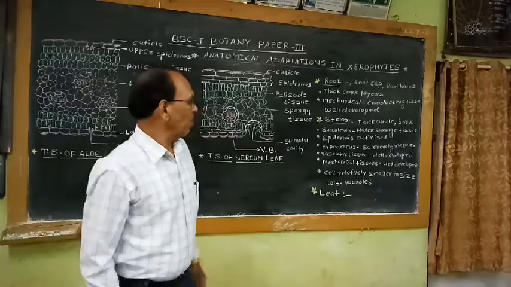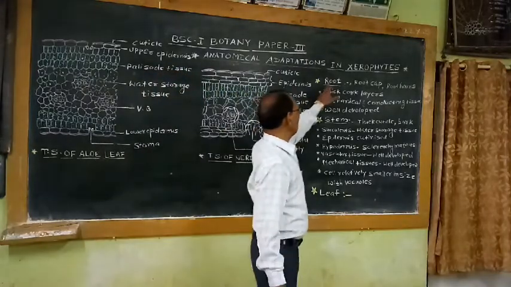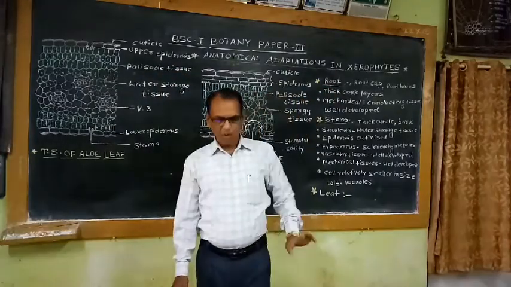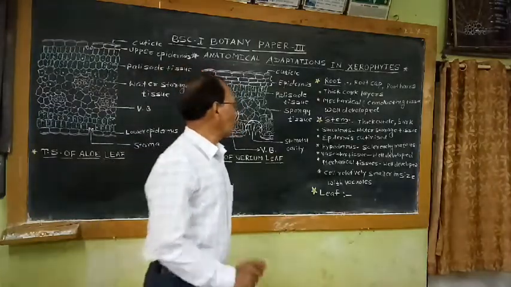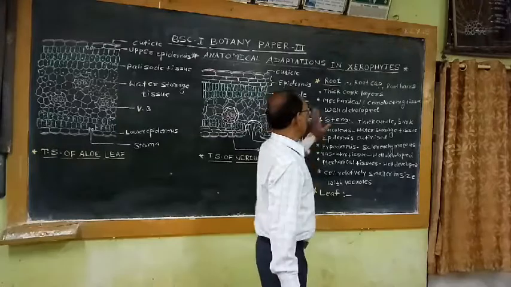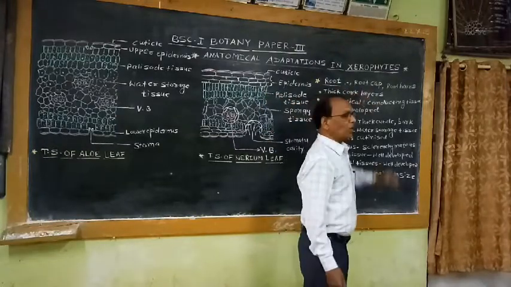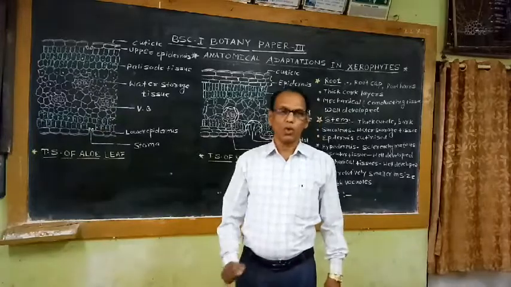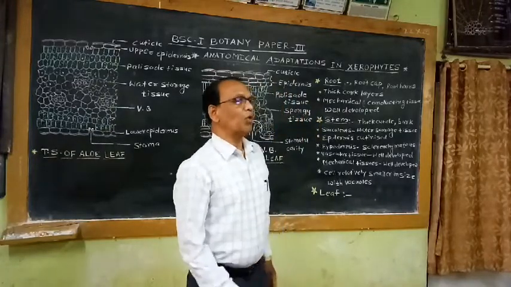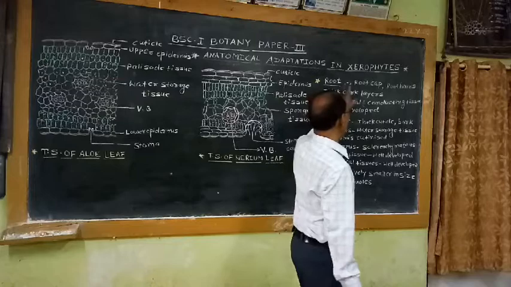As far as the anatomical adaptations in the root system of xeropodic plants are concerned, the root system shows a well developed root cap at the tip of the young growing roots. A well developed root cap is there in all xeropodic plants.